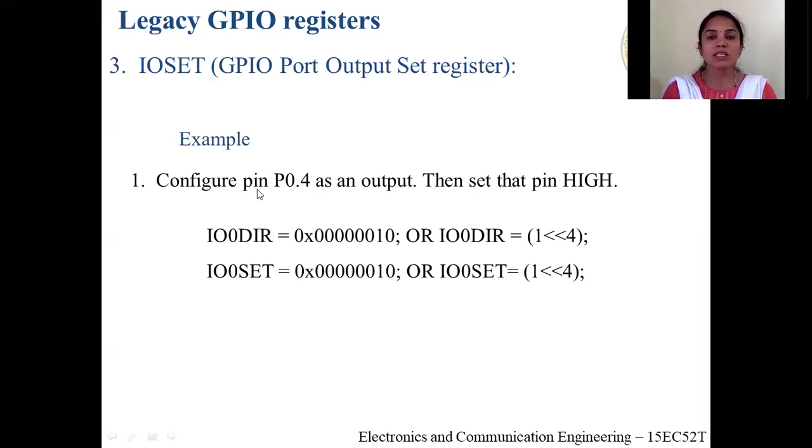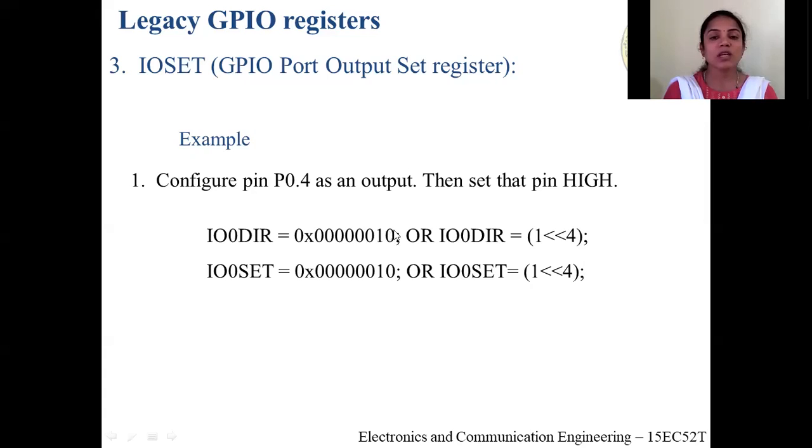Here it is port 0, so we have to use the registers associated with port 0. Therefore IO0DIR, because it is port 0, with an assignment operation 0x. Then we have to look at which pin of port 0: the fourth pin. From the LSB we have to go to the fourth position. This part is from 0 to 3 and this part is from 4 to 7.